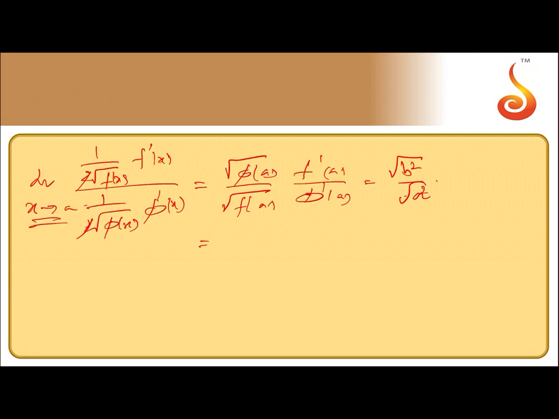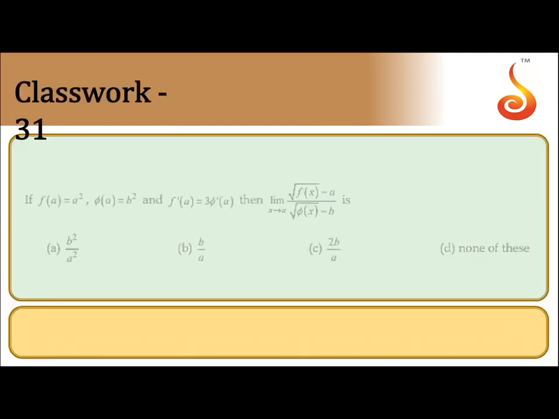So f dash of a is 3 times phi dash of a divided by phi dash of a. So these two get cancelled and we get 3b by a as the answer. But there is no 3b by a option, so the answer is none.